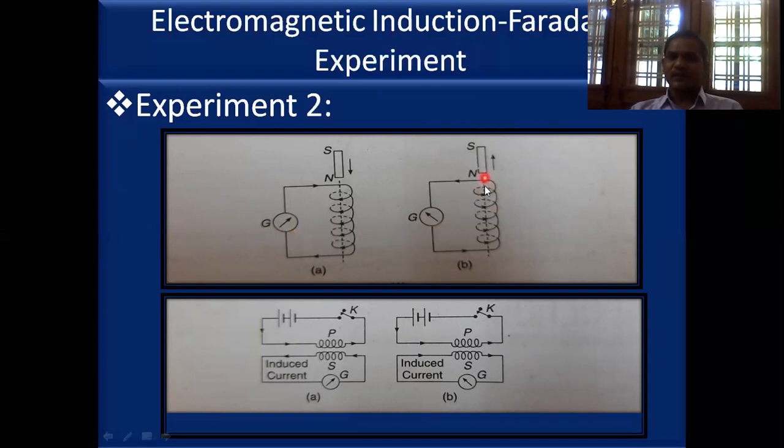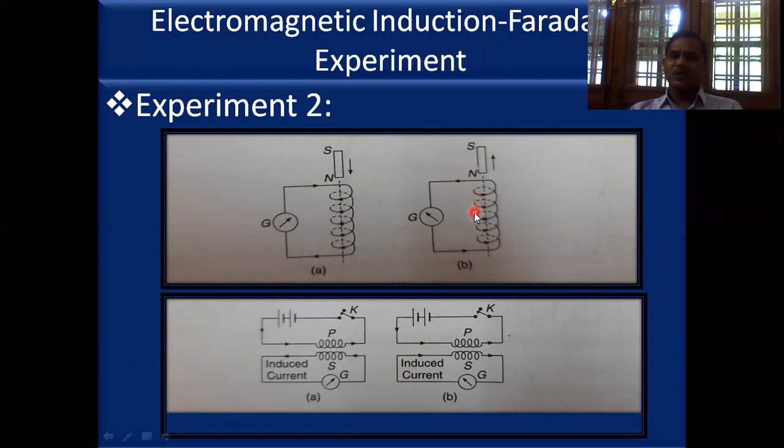In the second figure, the bar magnet is moved away from the coil, so the magnetic flux linked with this closed circuit is decreasing with time. Therefore, deflection is observed here. Here also we are getting EMF.